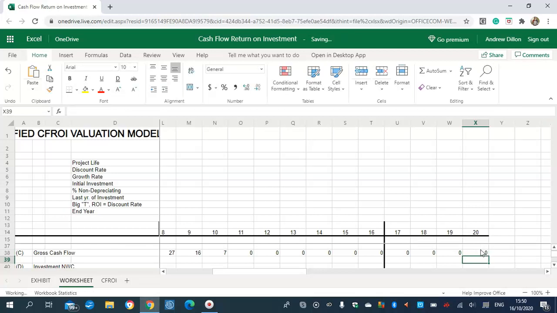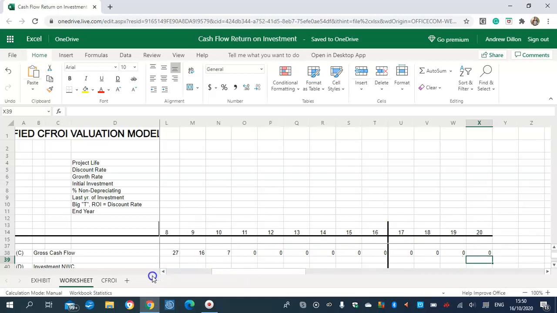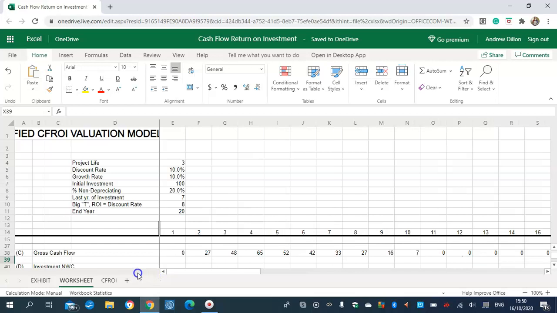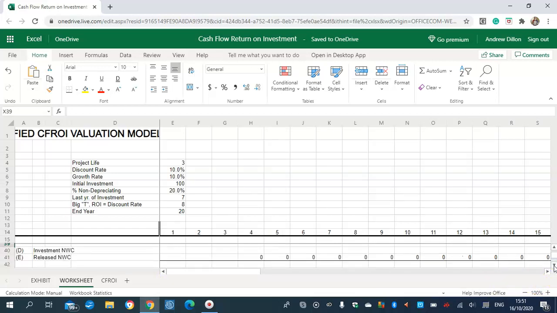Right, okay, now the next one I need to do is to calculate the investment NWC. So investment NWC. The first one will be the simple and easy one, while the rest will be hard and difficult.